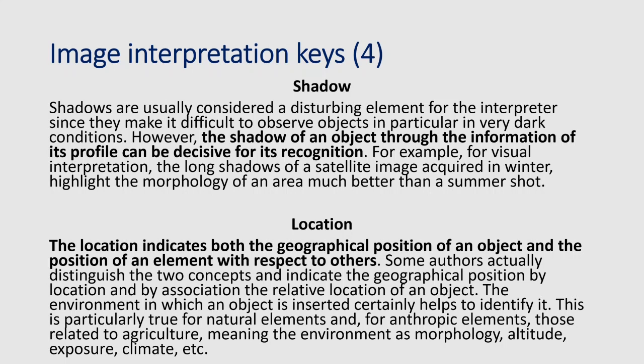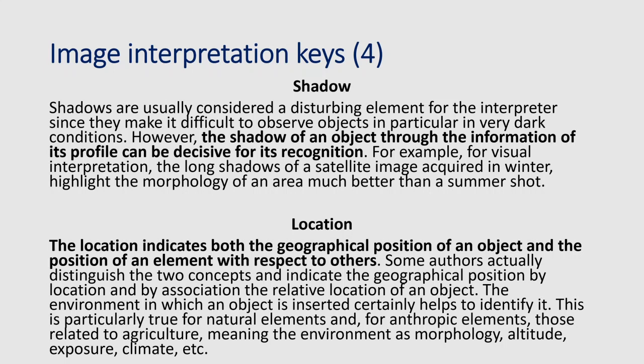For example, when we find a particular object on a coastline, we can understand that maybe it could be a harbor, a port. And the contrary: if there's a port, a harbor, that means there should be water, of course.